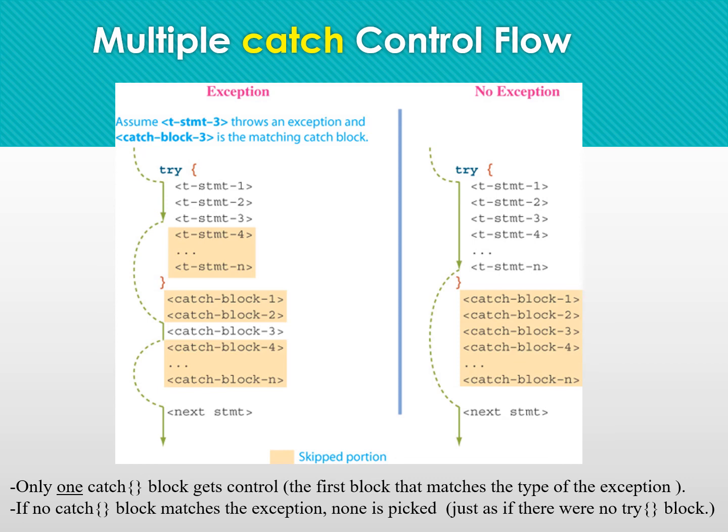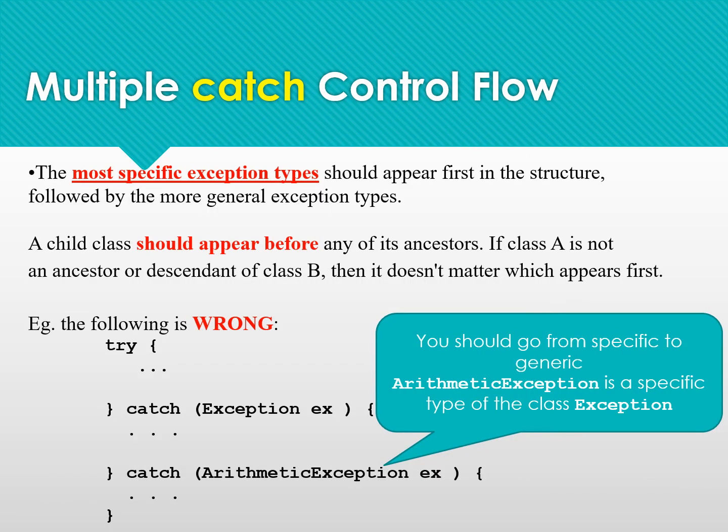Or if there is no error at all in the try block, it will only execute the try block until it's finished and skip all the catch blocks. So that is the visual representation of what happens if there are multiple catch blocks.